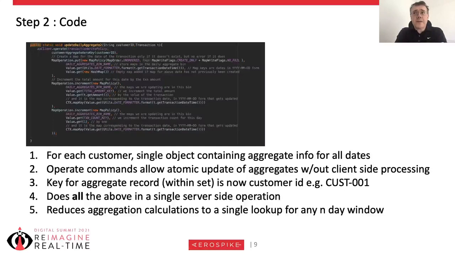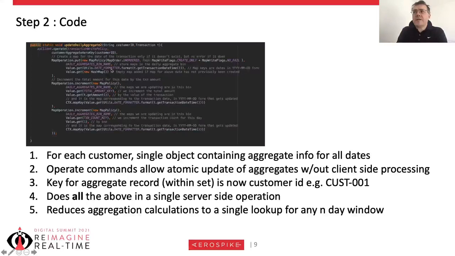In terms of what's happening in the function, the first map operation call creates a map for the day of the incoming transaction. So here's the key to that.